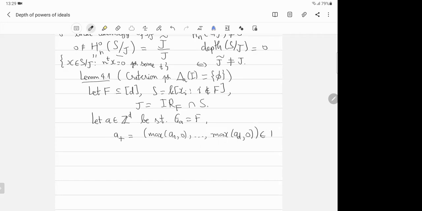So this is a vector in N^D, the set of non-negative integers. So we have this criterion: delta_A of I is this complex if and only if x^(A plus) belongs to the saturation of J minus J.